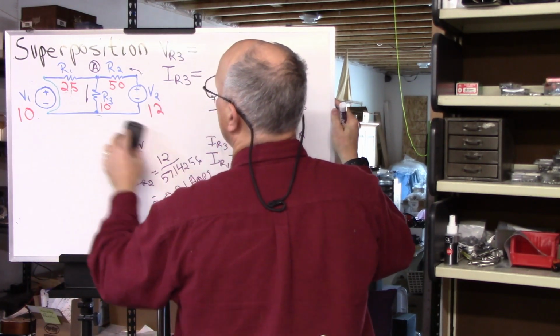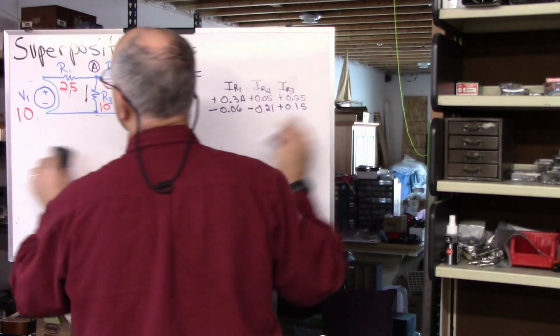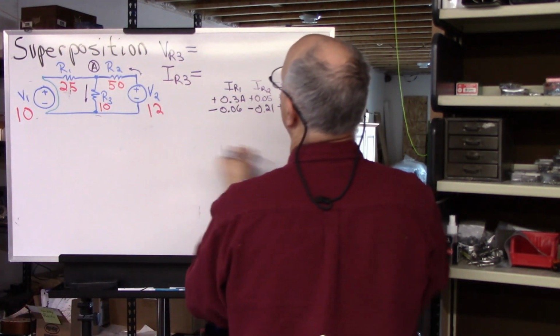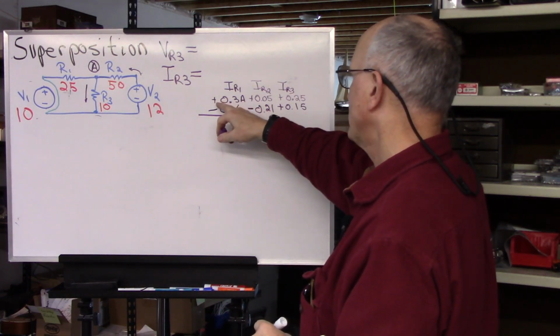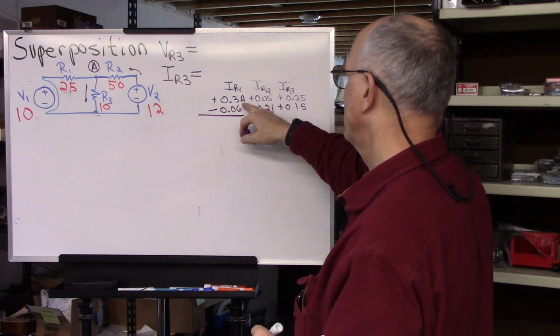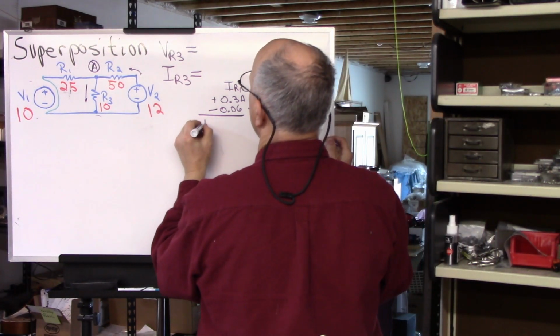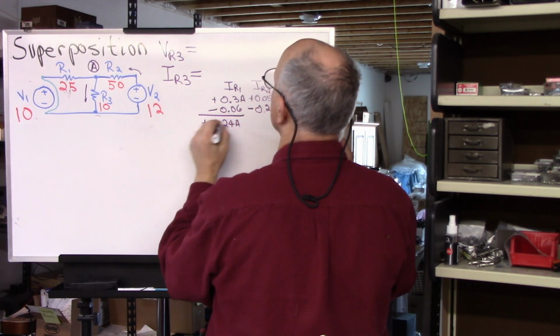Now we get to do our bookkeeping. Plus 0.3 amps minus 0.06 amps is a plus 0.24 amps.